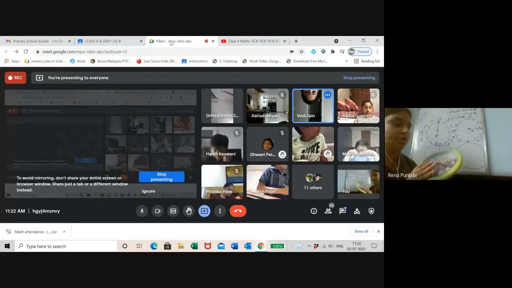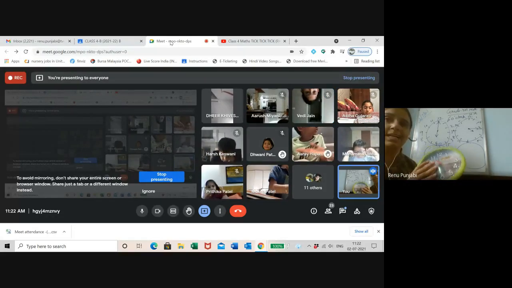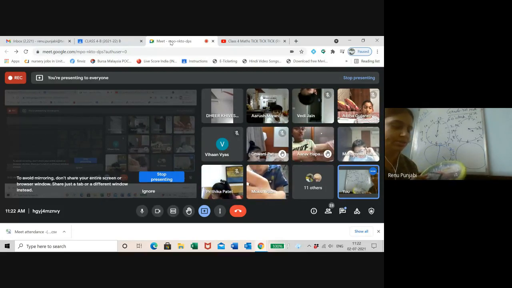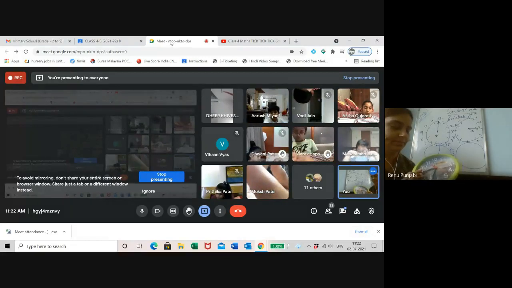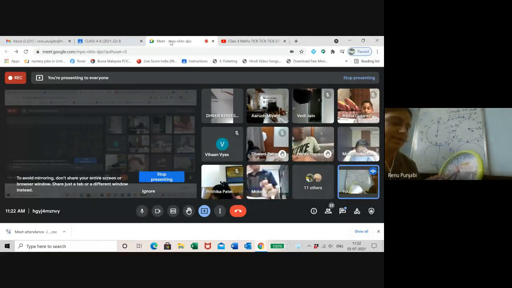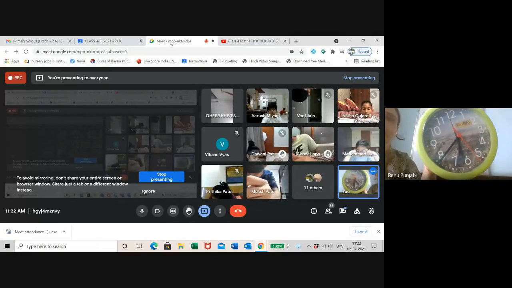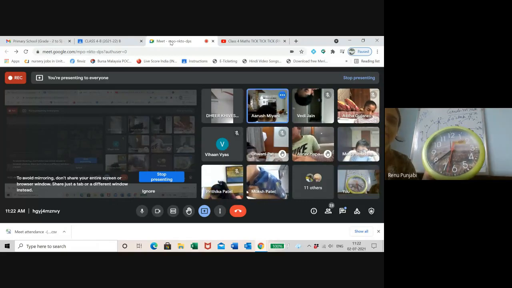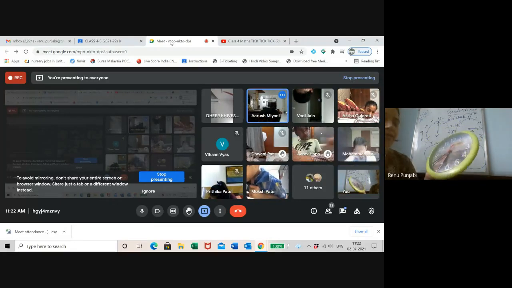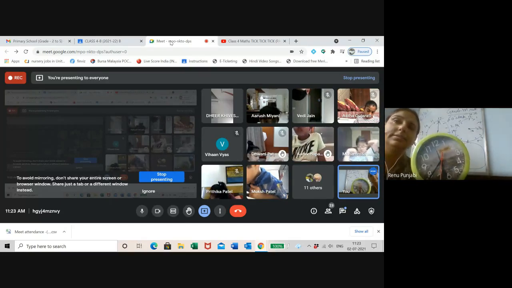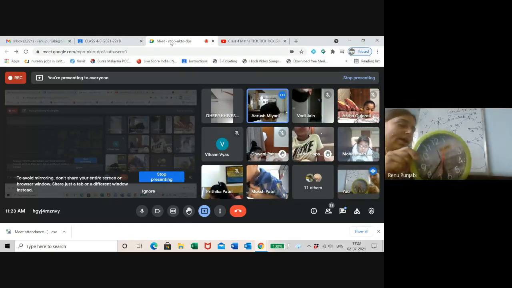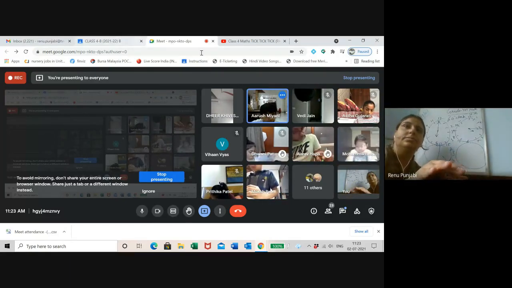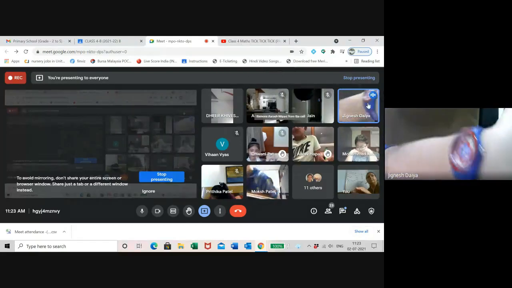Ayush, see the timing. It will be in between 6 and 7, and the long hand will be on 8.